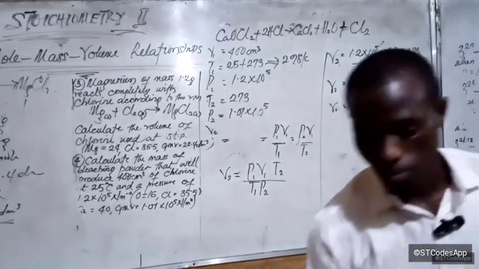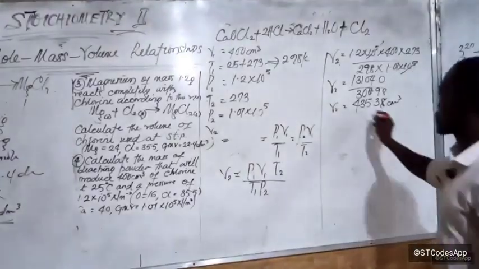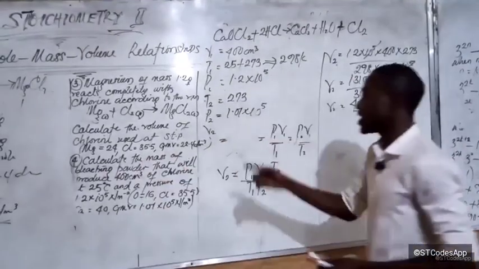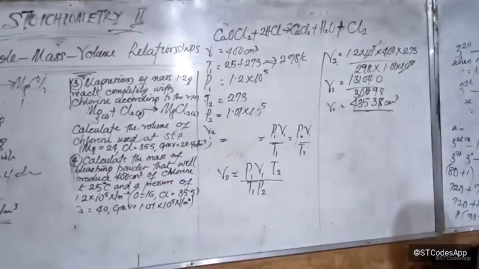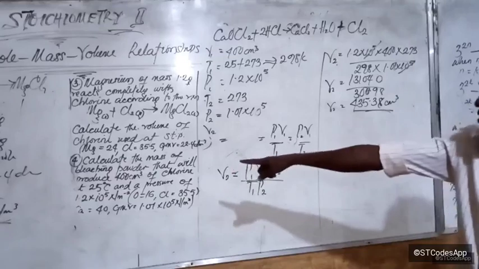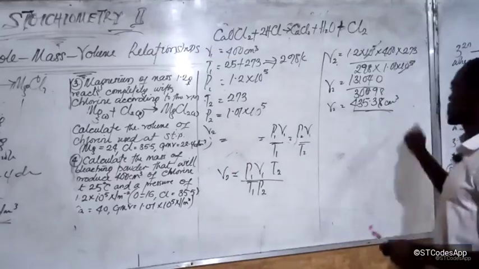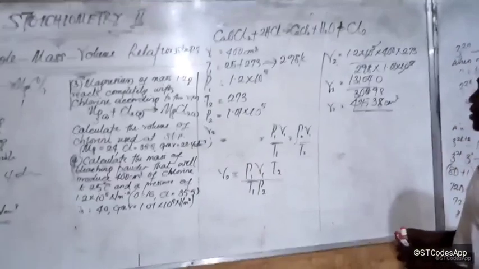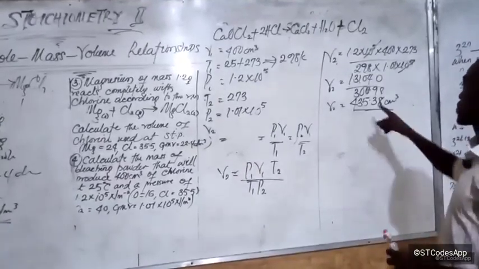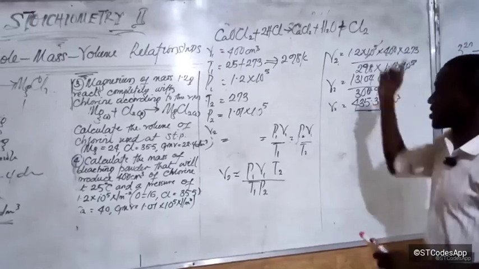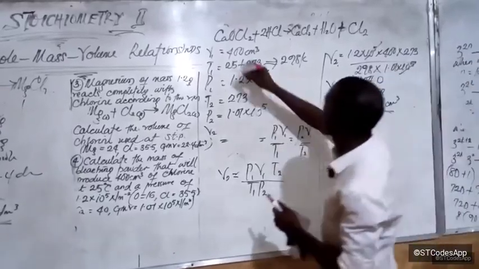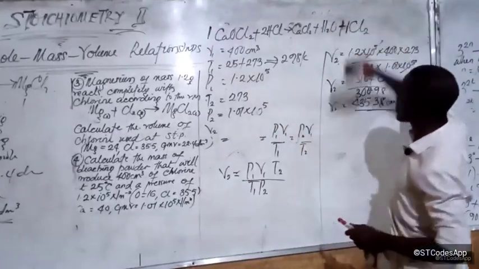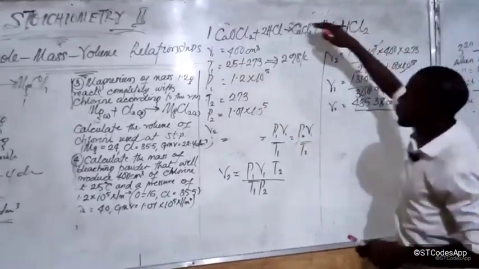Now, the question, so we've gotten V2. The question now says that at STP, we should calculate the mass of bleaching powder that will produce this. Now, at STP, this is the volume of chlorine that will be produced. Since the ratio of combination is 1:1, one mole of this is going to produce 1 mole of this.